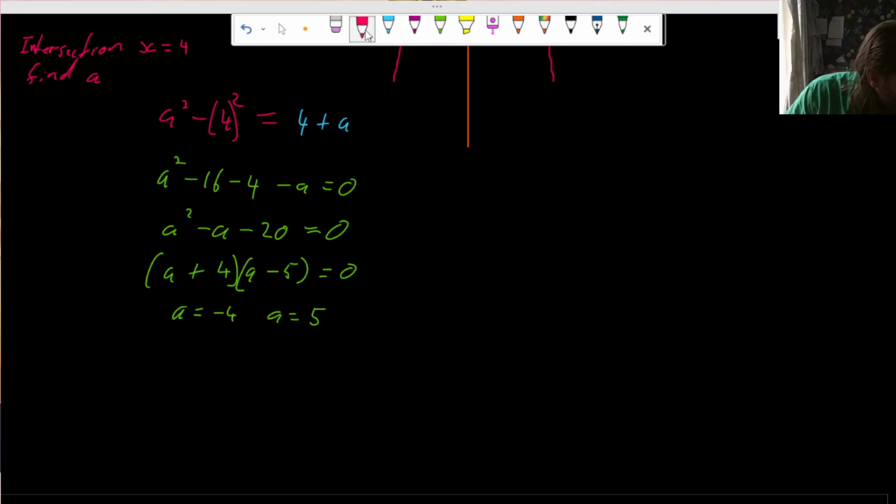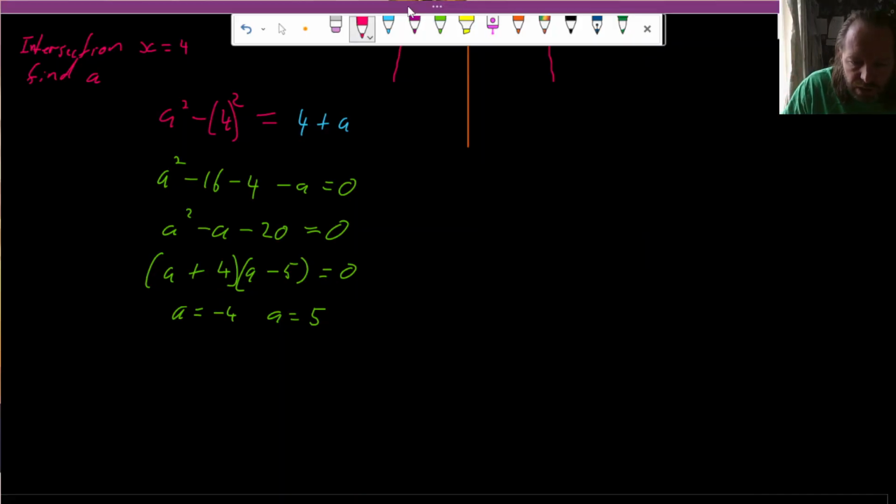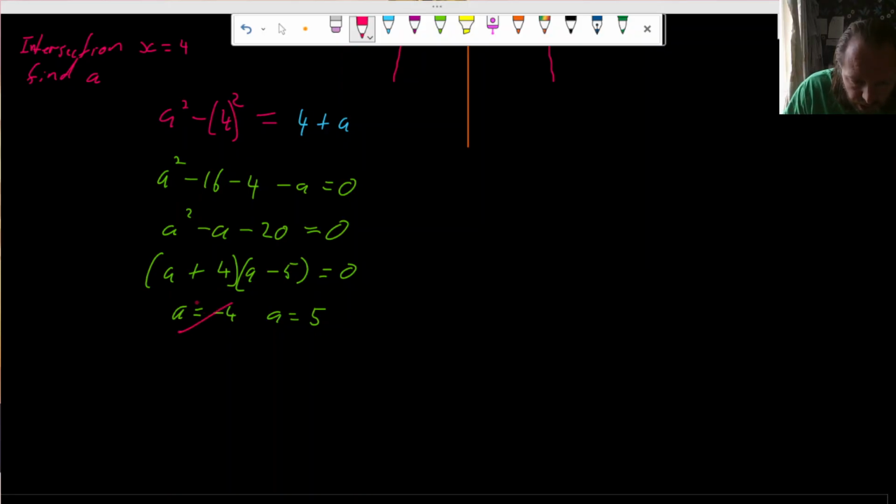I'm pretty certain the question said for it to be a positive a. Yes, a is greater than 1, it says in part A, so we can disregard the minus 4 and be left with a equals 5.